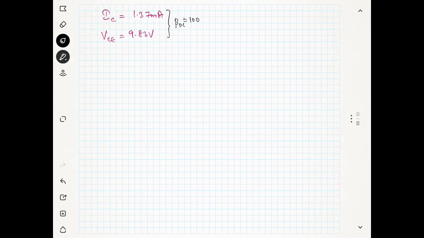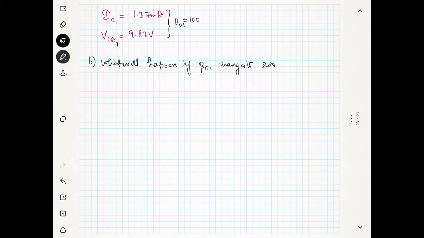Now what will happen for part B? What will happen if beta DC changes to 200? So you can assume that this is IC1 and this is VCE1, right? Now we are going to find the changes.